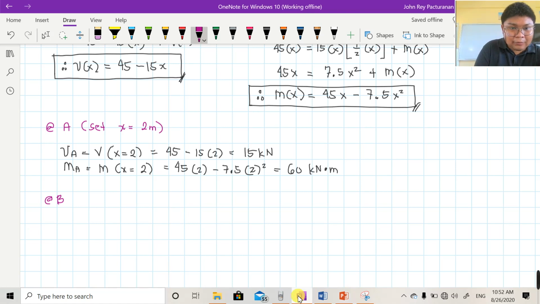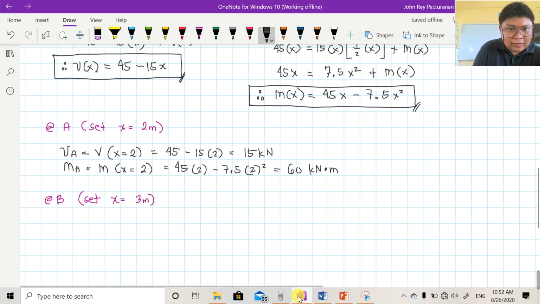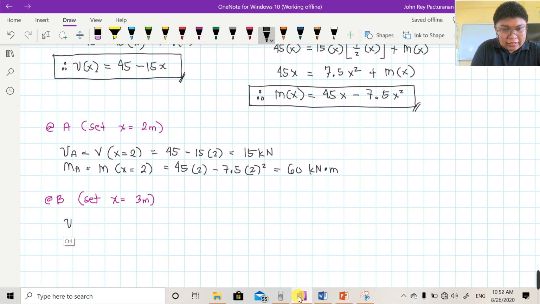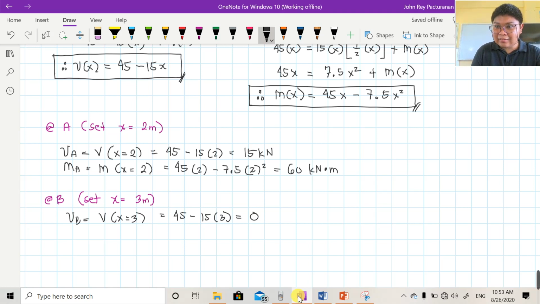So, at B, let's set x equal to 3 meters. The shear at B is equal to the shear at x equals 3. So, that becomes 45 minus 15 times 3. So, 45 minus 45 is 0.